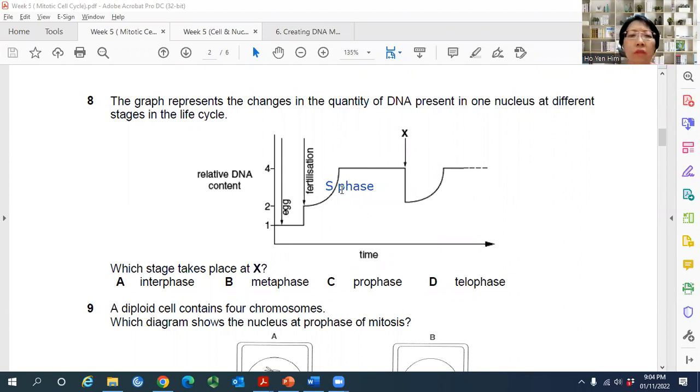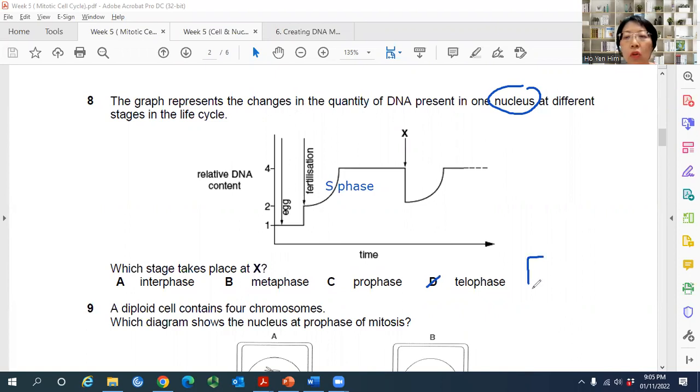So S phase of interphase, so DNA double. Then during which phase that the nucleus will get only half the number is when the nucleus starts to be formed inside the cell. So the answer should be D, telophase.